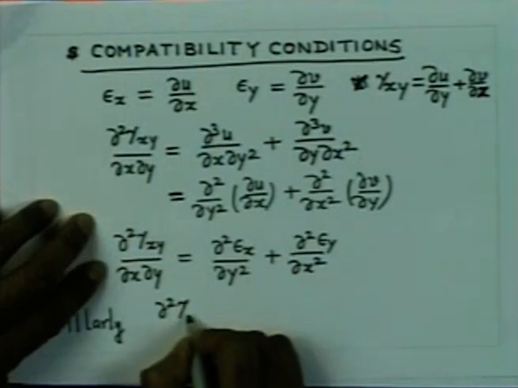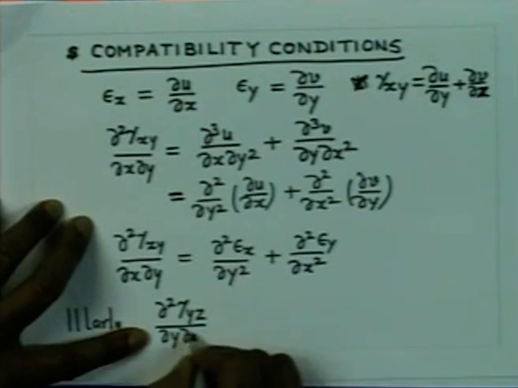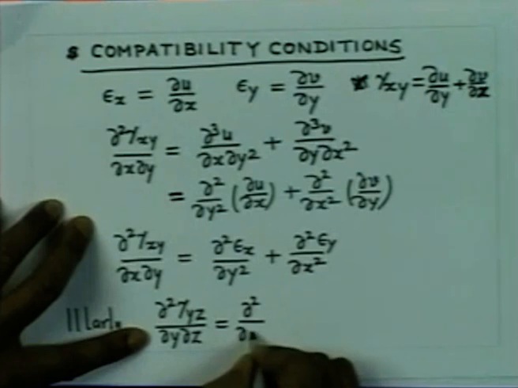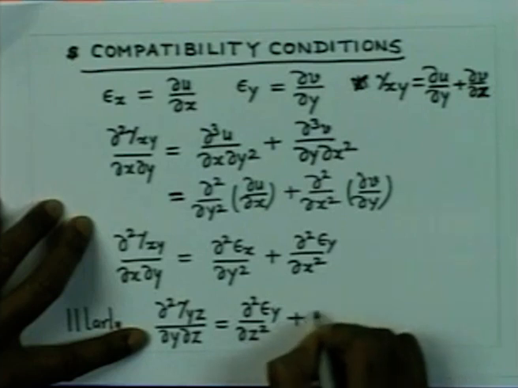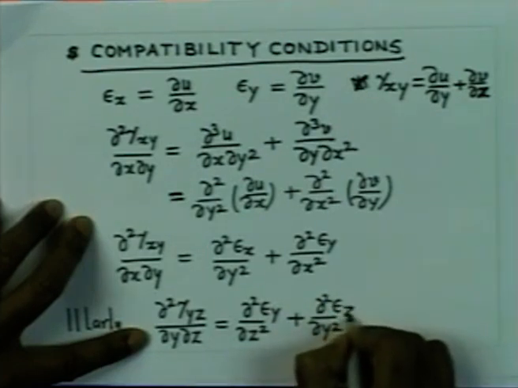If we now consider the other combination, we can have gamma yz and the strains epsilon y and epsilon z. By close parallel, we can get delta 2 gamma yz by delta y delta z is equal to delta 2 epsilon y by delta z square plus delta 2 epsilon z by delta y square.